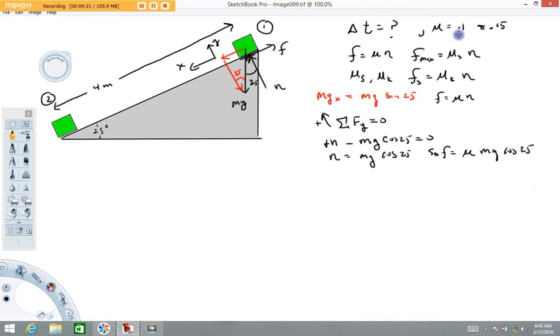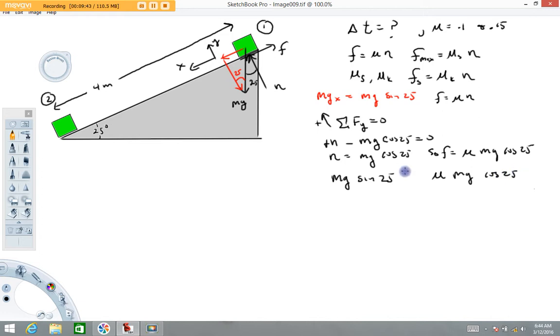So I'm just going to do a quick comparison. In my picture, this is the force component that's trying to slide that thing down the incline. That's the mg sine 25. And the frictional force, right, I've got an expression for that right here, is coefficient of friction times mg cosine 25.